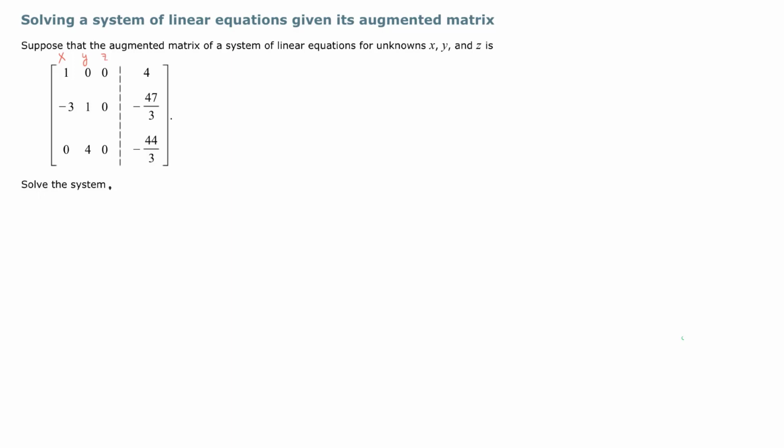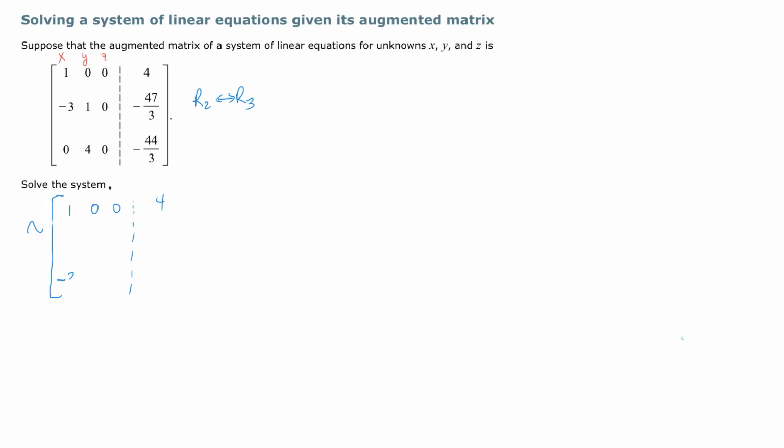The first thing I'm going to do is switch row 2 with row 3. This is now row equivalent to 1, 0, 0 as the first row. I really like that because we want the leading 1 to be in the upper left-hand corner.